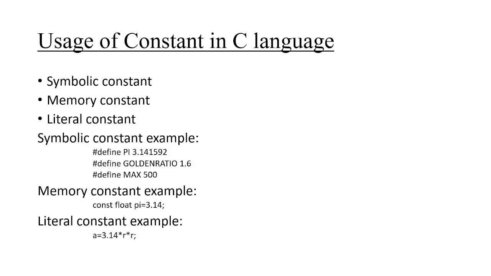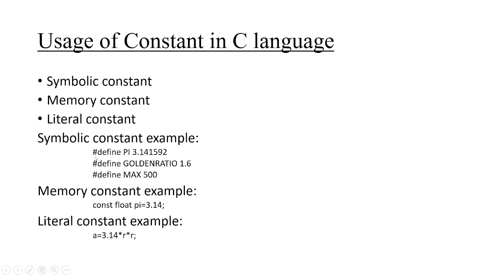There are three different ways of representing it: symbolic constants, memory constants, and literal constants. If we use a symbolic constant in a program, then we have to define it in the definition section, that is #define PI 3.141592, or #define MAX 500, or #define GOLDEN_RATIO 1.6. So PI is a symbol, and the value assigned as a constant to that symbol is 3.14. This is called a symbolic constant.